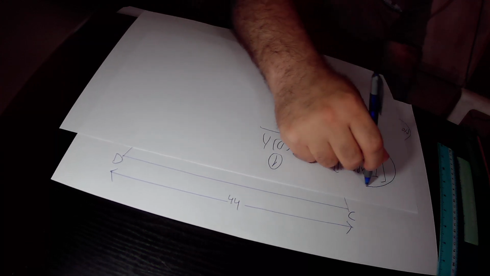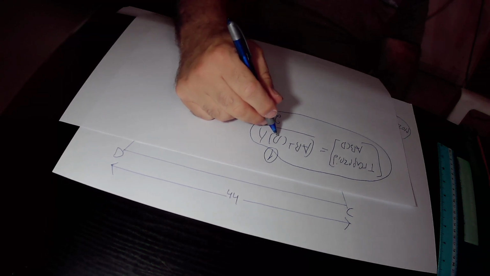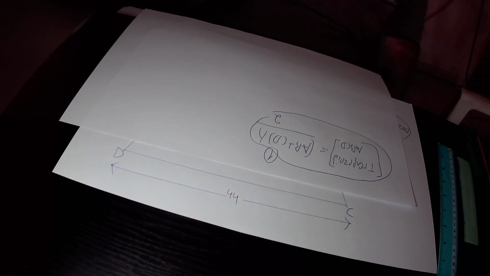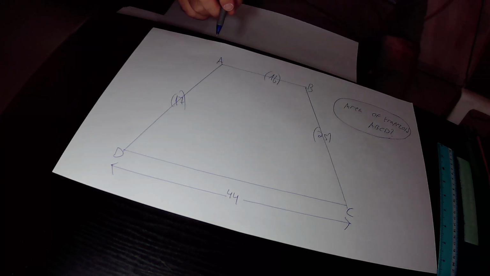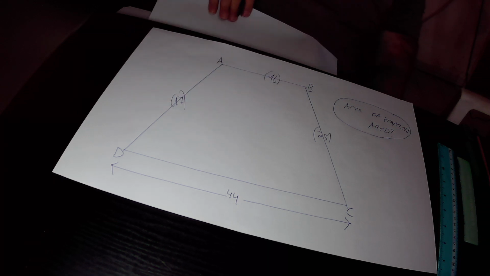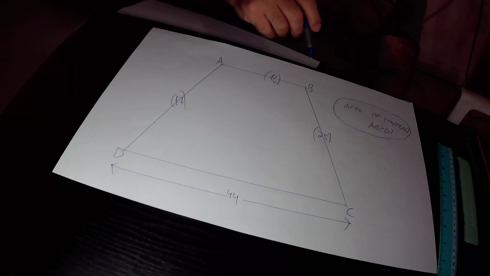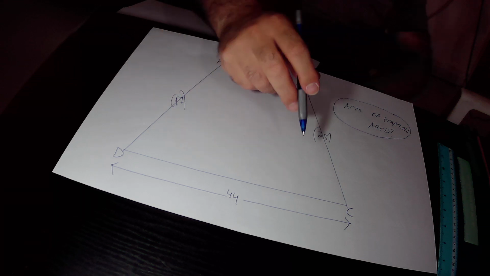The height h must be at 90 degrees to the two parallel bases AB and DC. So the area of trapezoid ABCD equals (AB plus DC) times h, over 2. In order to find the area of this trapezoid ABCD, we do a construction: from this point A, we will draw a perpendicular on DC.